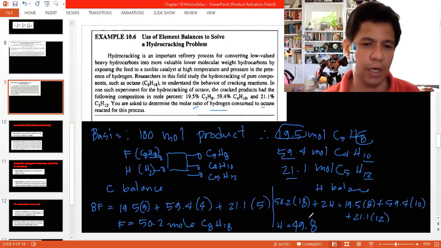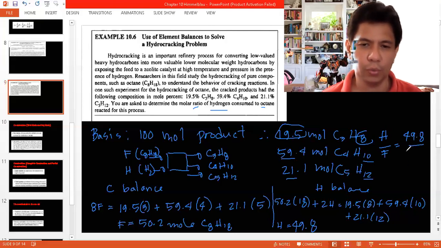So H divided by F is 49.8 divided by 50.2.